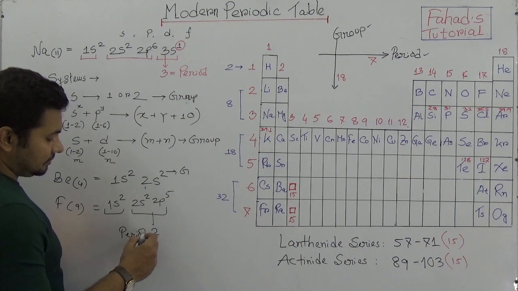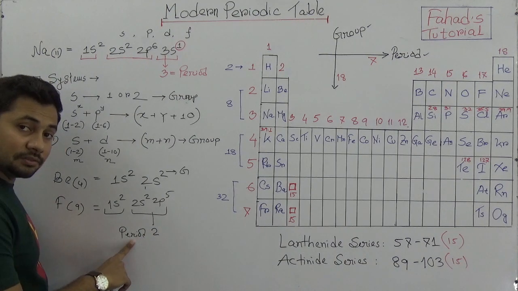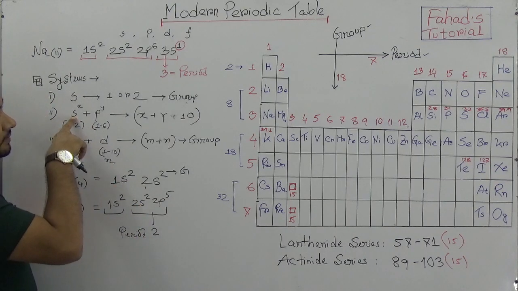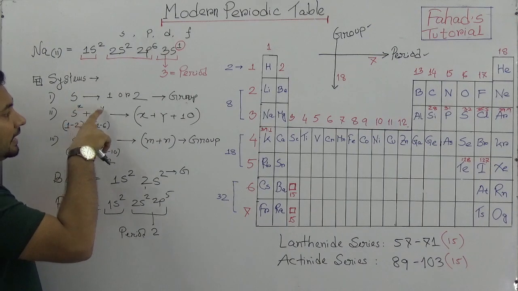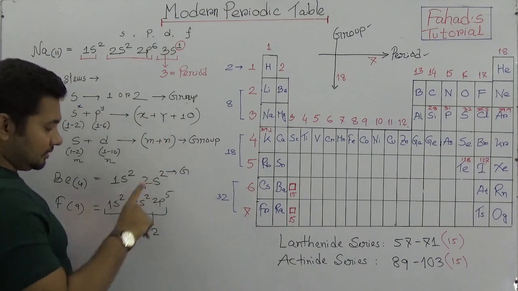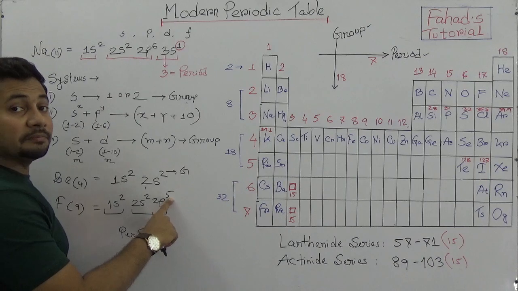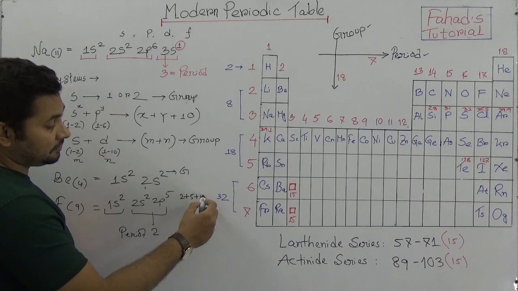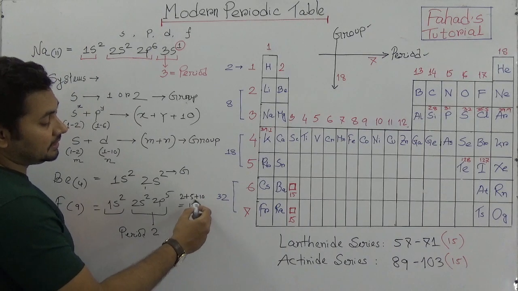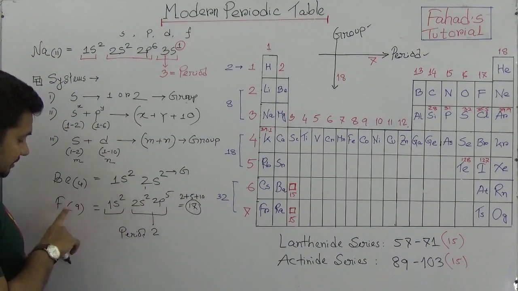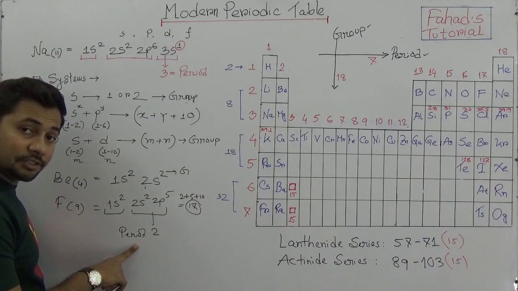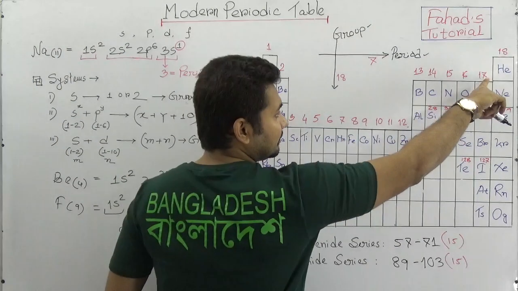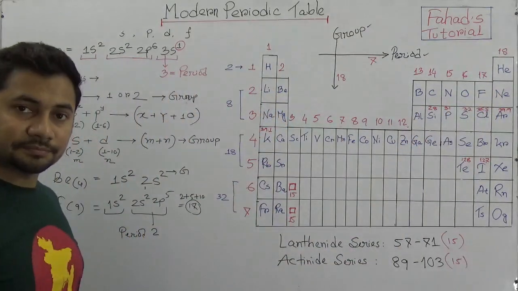I mean, fluorine belongs to period number 2. But now for the group number, since we have s and p, we need to add x and y plus 10. So we have 2 and 5 plus 10, then the group number is 2 plus 5 plus 10, which is 17. That is why fluorine belongs to period number 2 and group number 17.